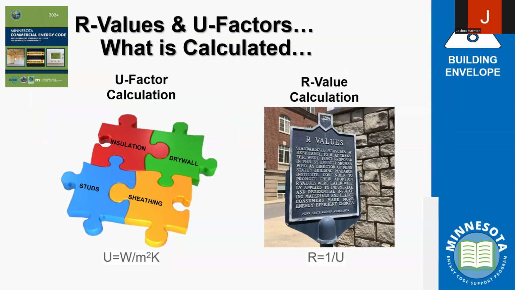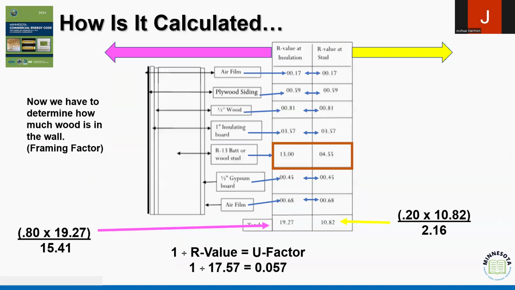Now, we've talked about this before, and I think this is why it's important. I think this is important foundational understanding as we look into COMCheck. When we start to calculate that U factor, we're looking, again, like I said, at all the materials utilized in that wall assembly and looking at their total individual R values and calculating them over the relative or average area of that assembly, right?